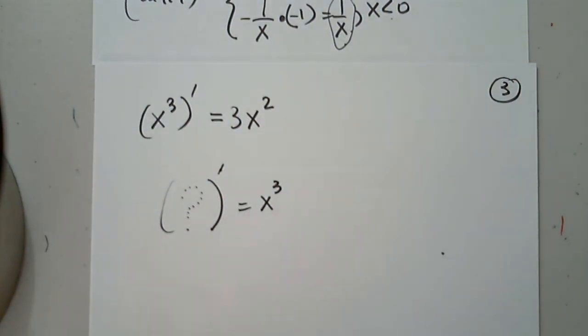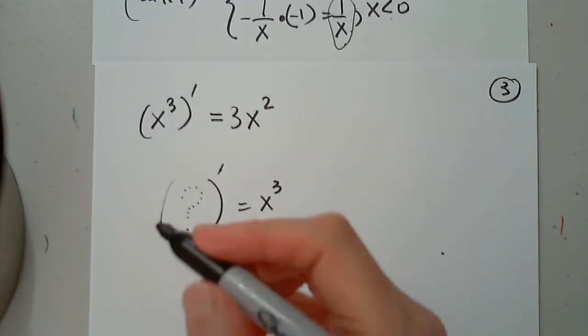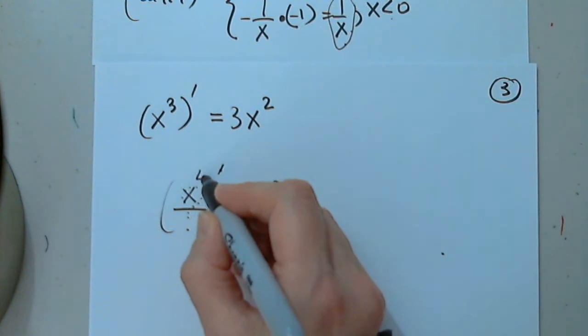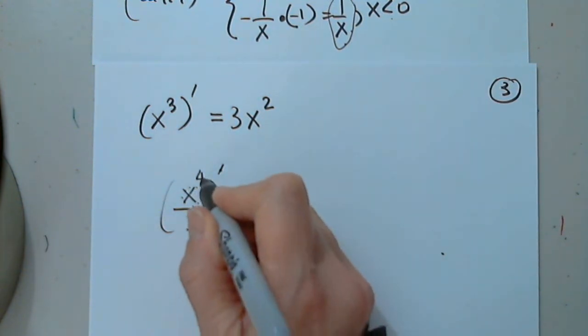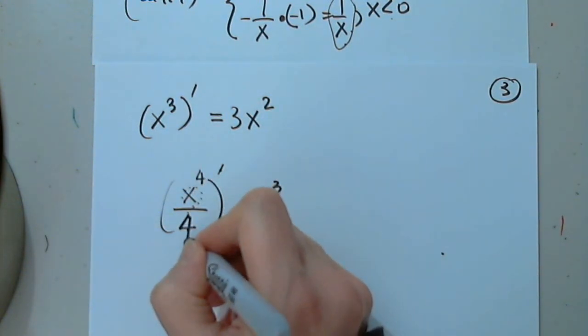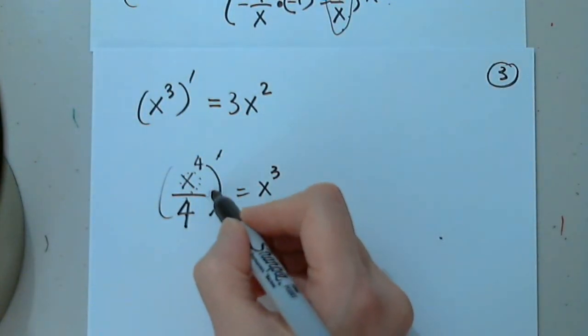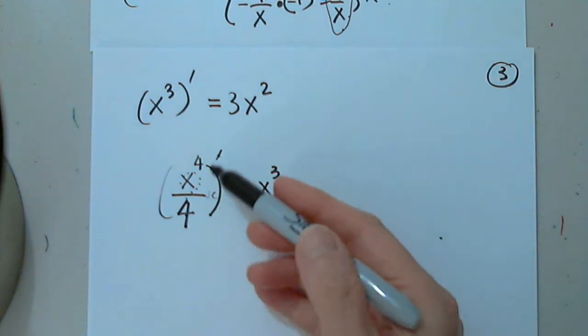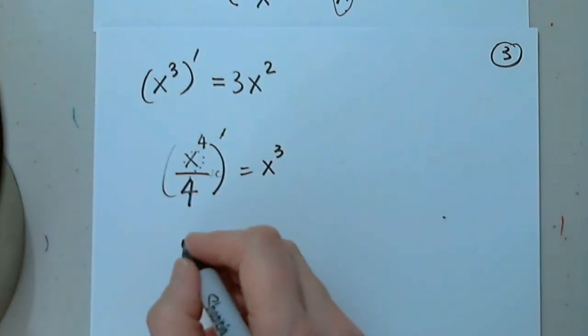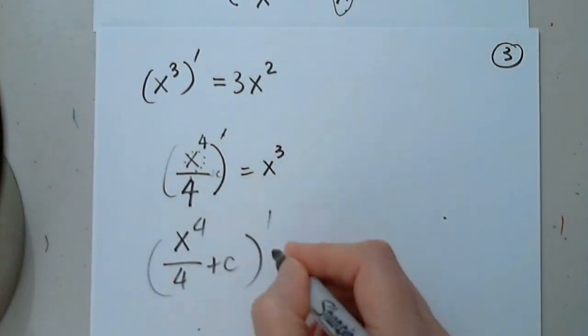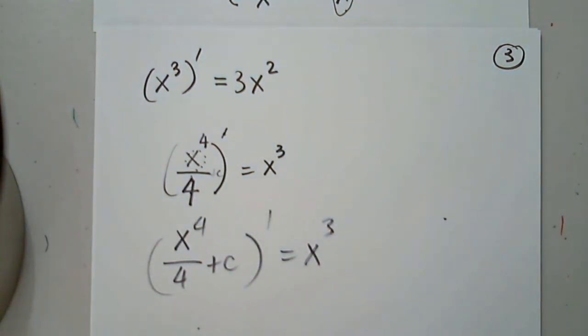And here's how we do it, and this is the power rule. We increase the power by 1, and we divide by that number. Of course, you can put plus c. It doesn't matter. When you differentiate a constant, it will go away. So the general form will be this, but the constant doesn't matter.